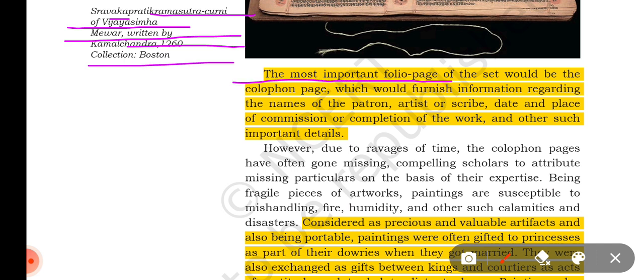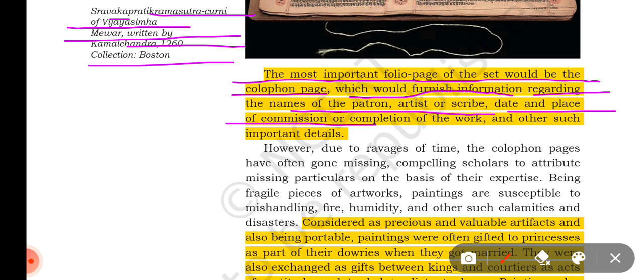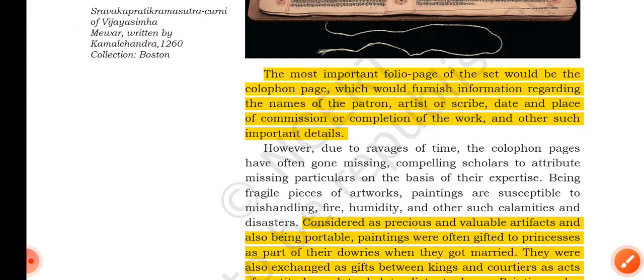The most important folio page of the set would be the colophon page, which would furnish information regarding the name of the patron, artist or scribes, date and place of commission or completion of the work, and other such important details.